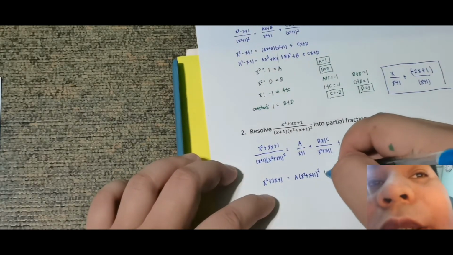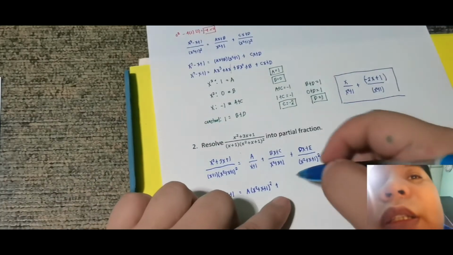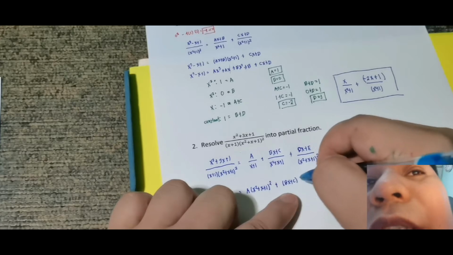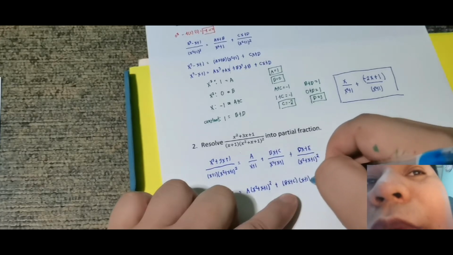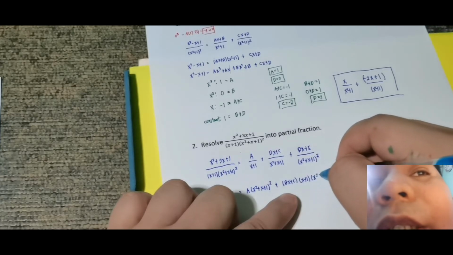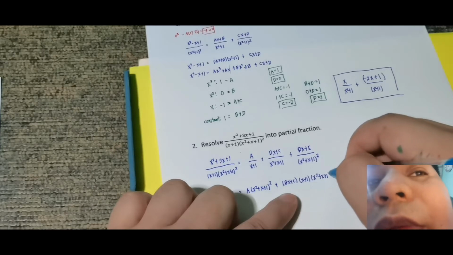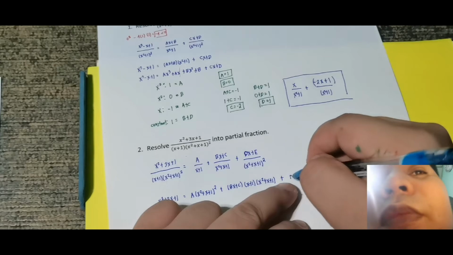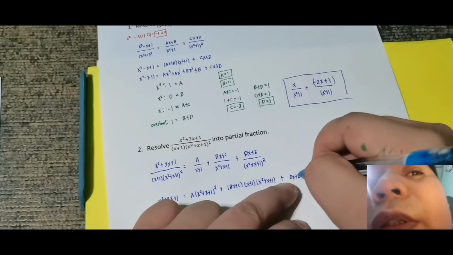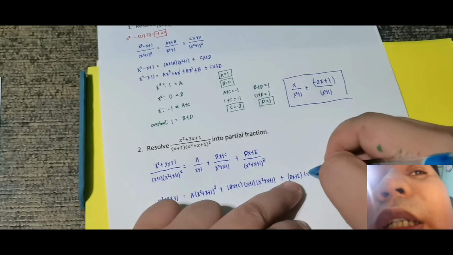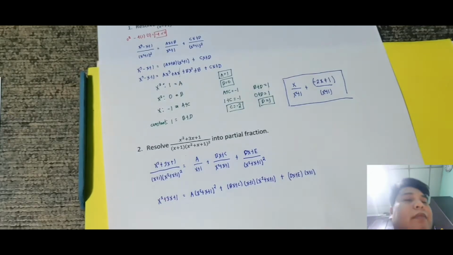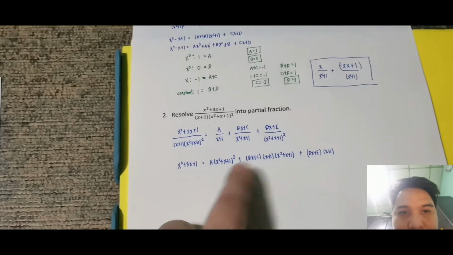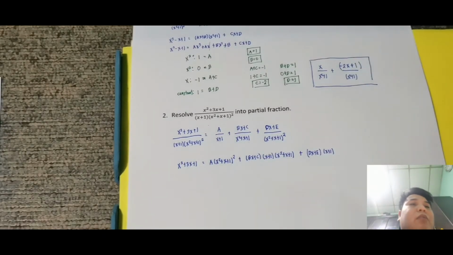Then plus, this one is also a bit long, bx plus c, multiplied by x plus 1 and by one x squared plus x plus 1. Then lastly, dx plus e, multiplied only by x plus 1. Okay, next, of course, expand, or multiply.